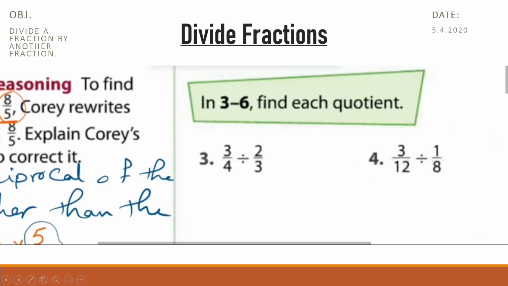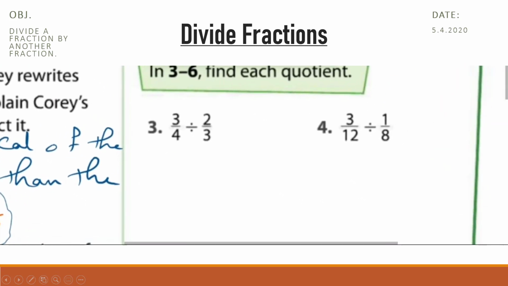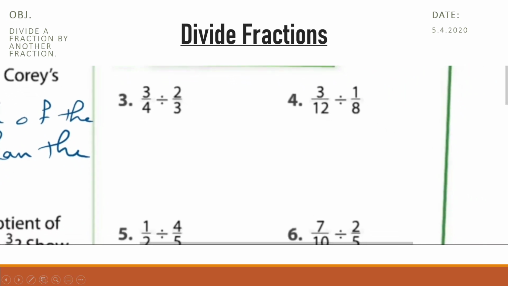In question number 3, start first with the dividend, then change divide into multiply, and get the reciprocal of 2/3, which is 3/2.